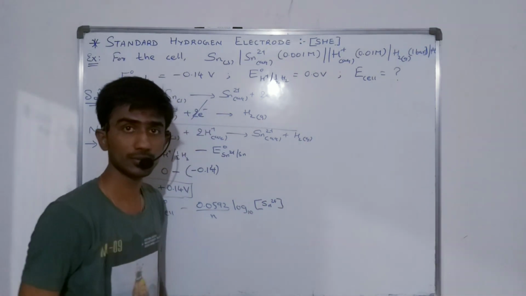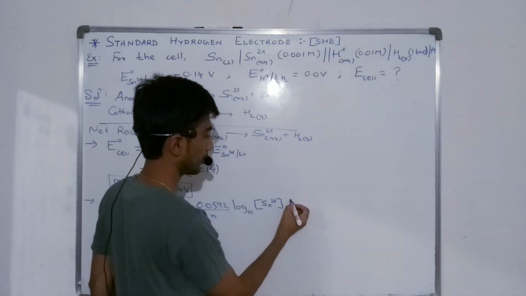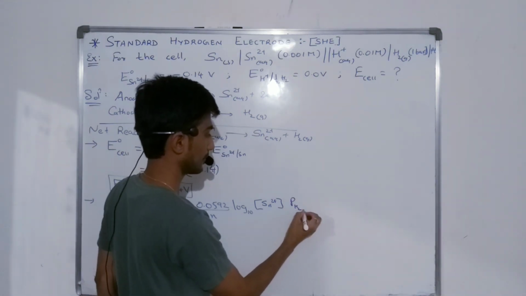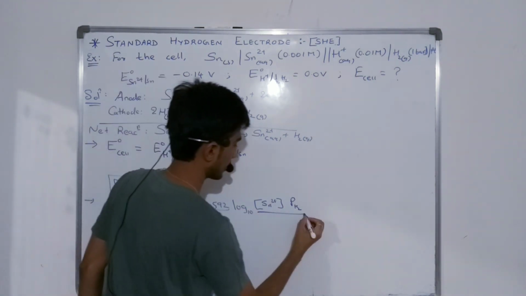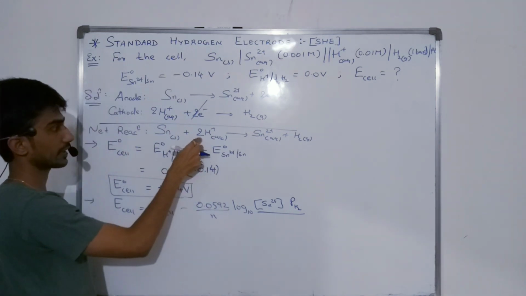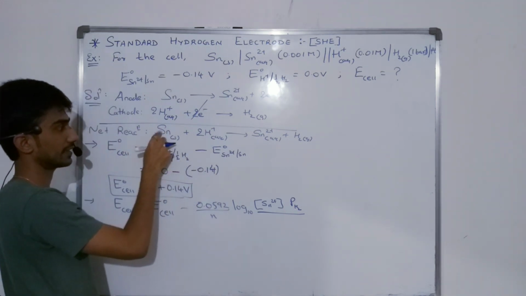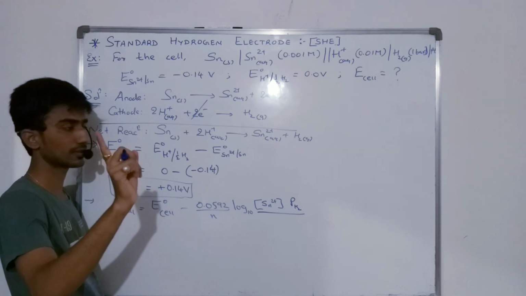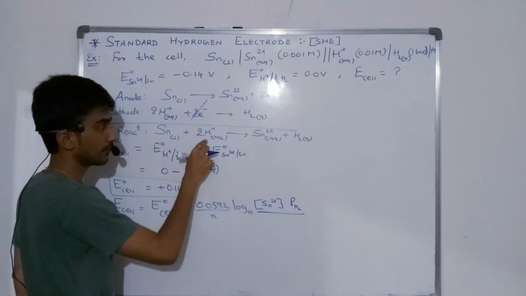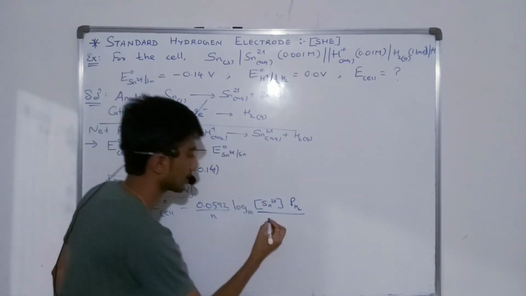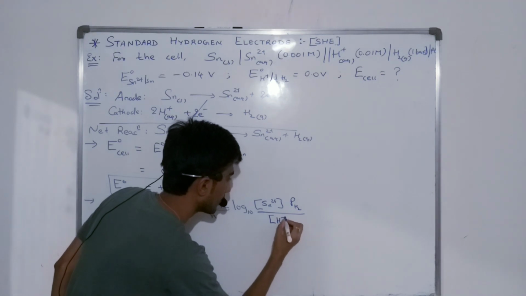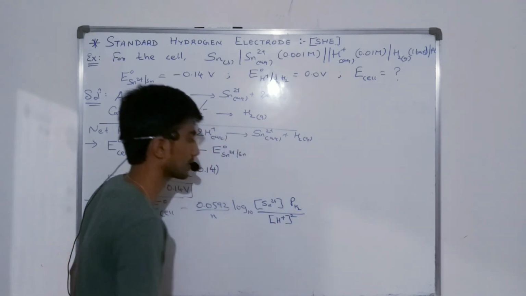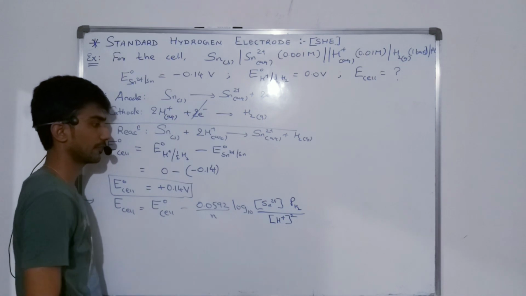For gas we will be using its partial pressure, and here it is given 1 bar, upon concentration of reactants. Sn is in solid state and its concentration will be taken as 1, unity, and concentration of H plus squared, because there is a 2 in front of it, right?